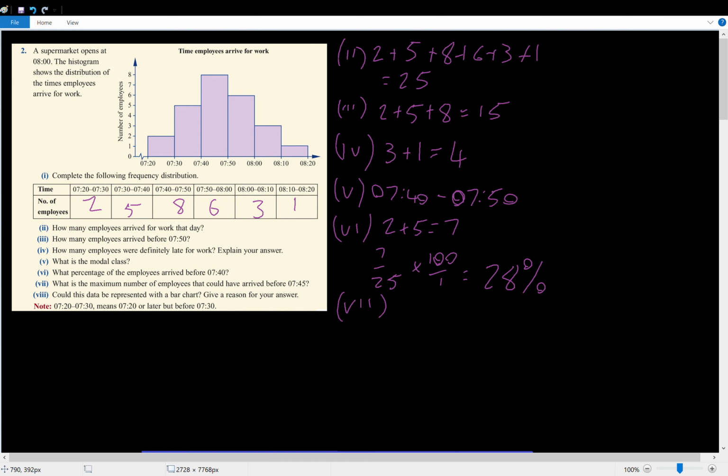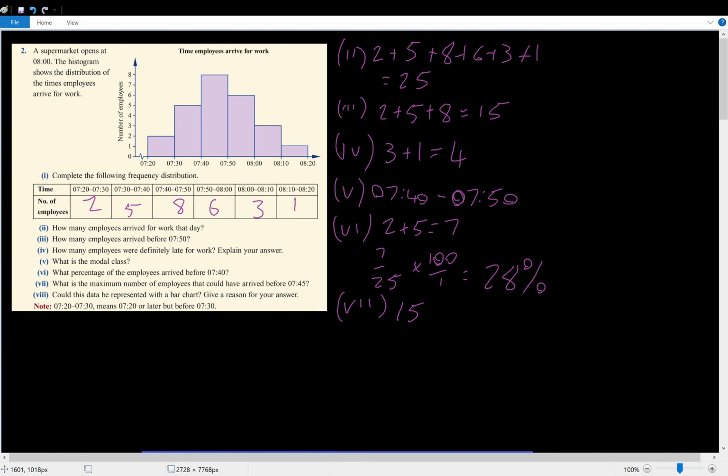Arriving at 7:42 is still arriving between 7:40 and 7:50. So the whole 8 of those people could have arrived in there. So if we think about this 8 plus this 5 plus this 2, all have arrived before 7:45. So it's entirely possible that 15 employees arrived before 7:45. That would be the maximum number of employees that could have arrived.